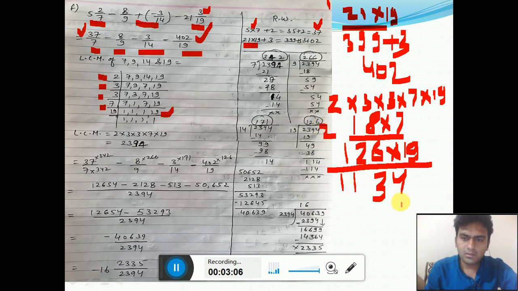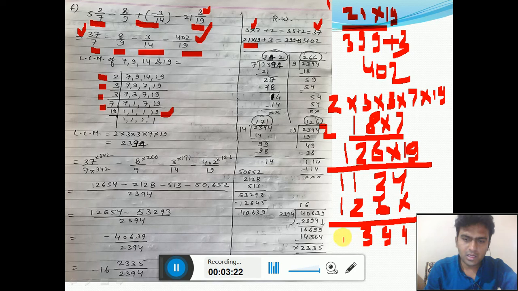Now 126 we will write as it is. Now add all the numbers. 4 as it is, 3 and 6 is 9, 1 and 2 is 3, and 1 and 1 is 2, so 2394 is the LCM of 2, 3, 3, 7, 19.